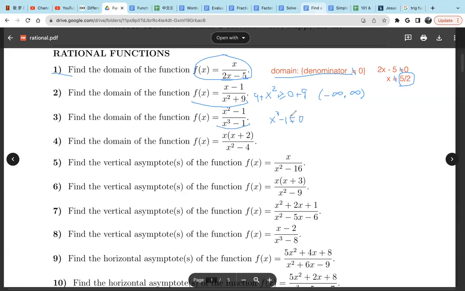Then we solve this not-equal equation. All right, so how do we solve this? We add 1 on both sides. So we get x cubed equals 1. Then we take the cube root of both sides.